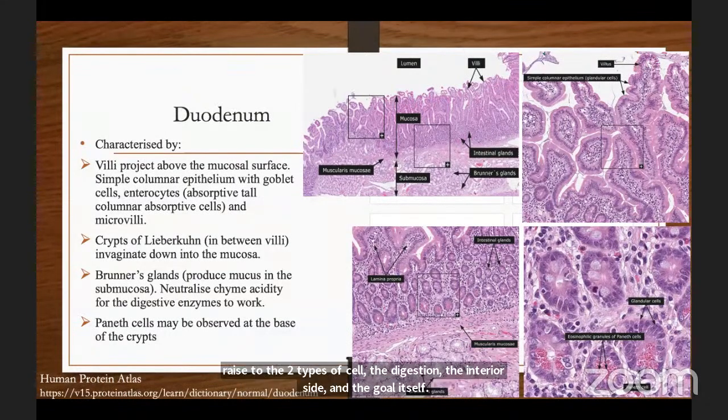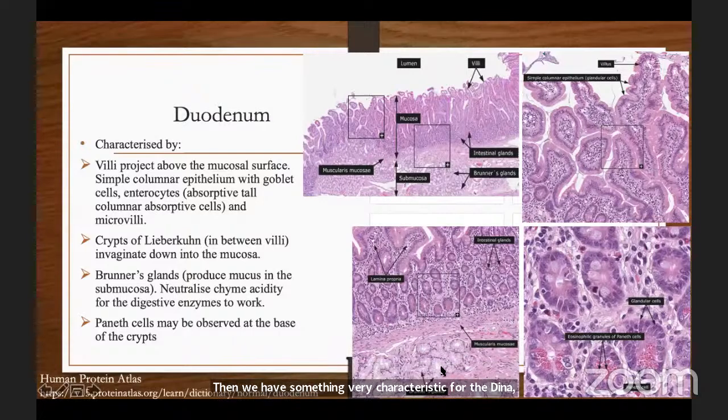Then we have something very characteristic for the duodenum, which is the Brunner glands in the submucosal area. As the food is coming from the stomach, it is highly acidic. These Brunner glands neutralize the chyme by secreting alkaline mucus to neutralize the pH of the food that is just coming out of the stomach.